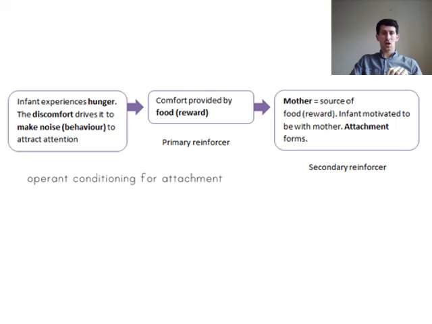When we look at this little diagram, you can see the same process outlined in a slightly different way. The infant experiences hunger and this discomfort causes it to make noise, so it starts to cry. Then comfort is brought by the food. The food is the primary reinforcer here, and it rewards the child by taking away the hunger.